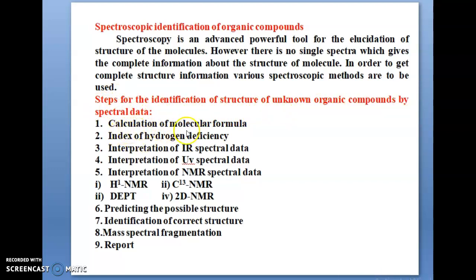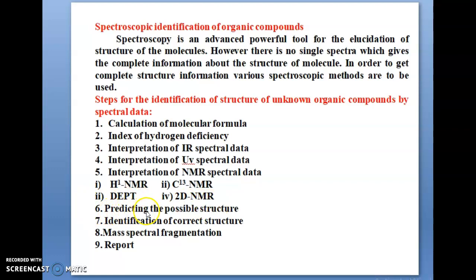First one, calculation of molecular formula. Second one is index of hydrogen deficiency. Third one is interpretation of IR spectral data. Fourth one, interpretation of UV spectral data. Fifth one, interpretation of NMR spectral data. Again NMR has 4 types: first is the proton NMR, C13 NMR, DEPT and the 2D NMR.